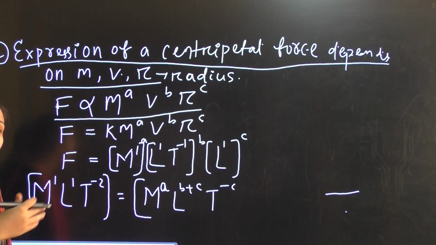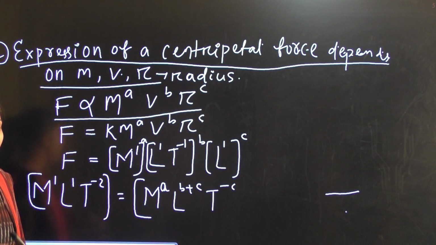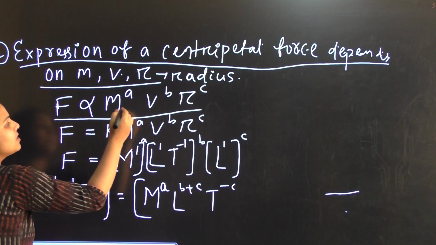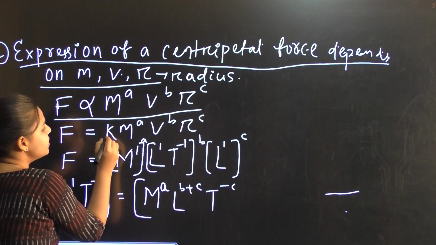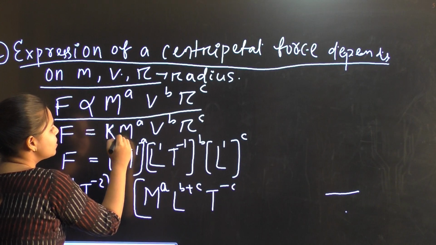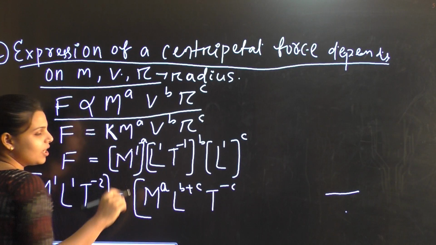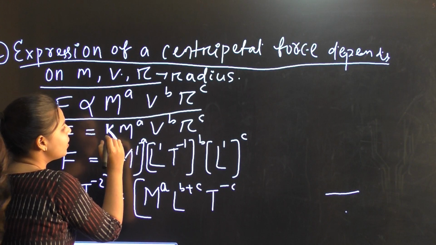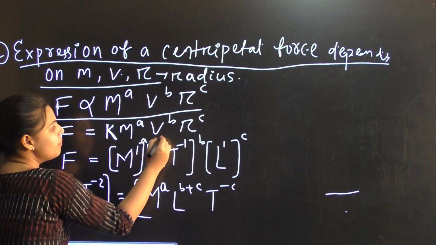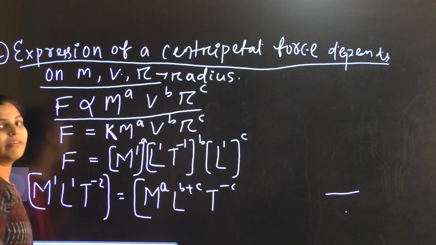We don't know how it varies with mass, velocity, and radius. Now F is equal to k, a constant, since it is directly proportional, to remove the proportionality: F = k m^a v^b r^c.